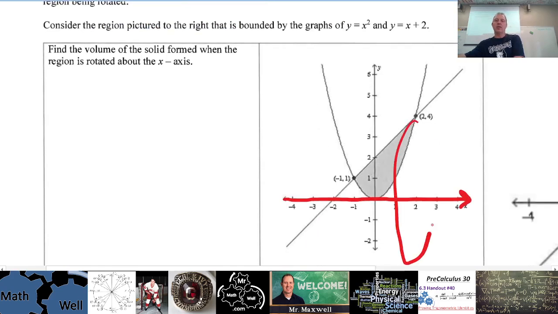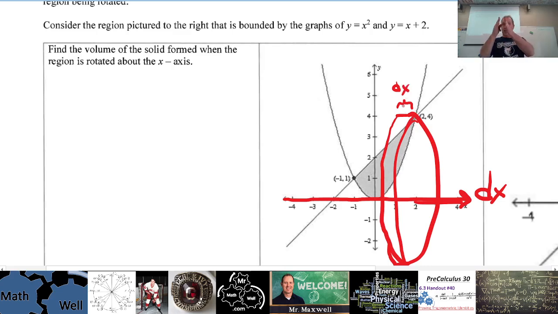So if we are rotating around the x-axis here, this is dx. Now, why is that? Because the width of this cylinder, this is the differential, the d something, and it's in the x direction, so that's dx. It's a width of x.